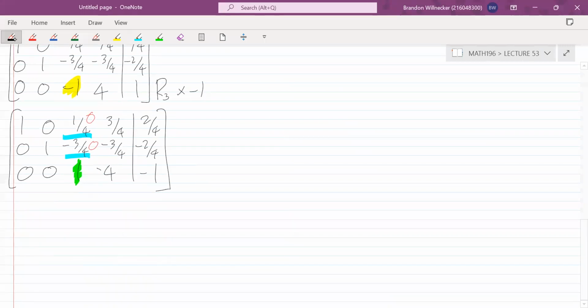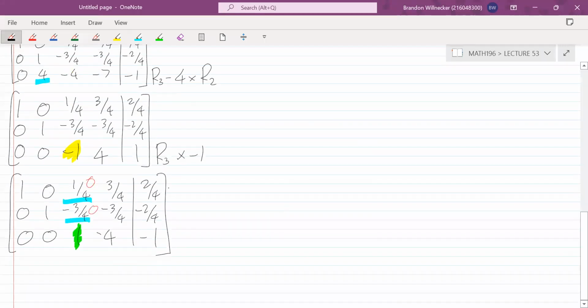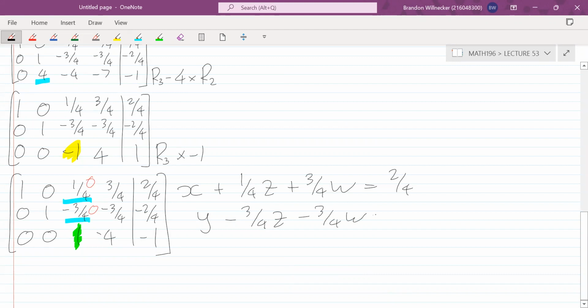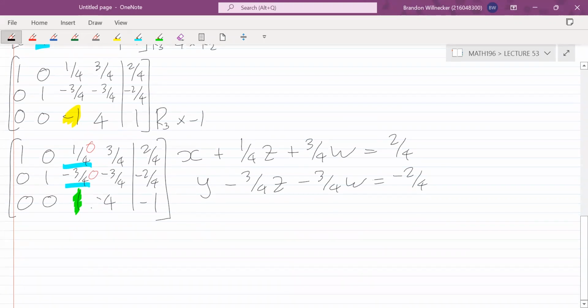Let me show you. For the first one, x plus 1/4 z plus 3/4 w is equal to 2/4. y minus 3/4 z minus 3/4 w is equal to minus 2/4. And lastly, z minus 4w is equal to minus 1.